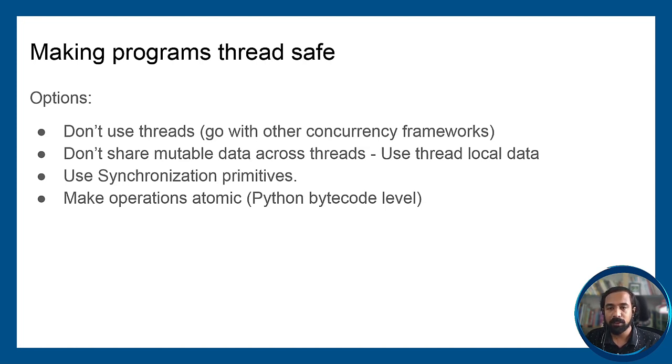We can use the concept of thread local data, in which case the data will be local to each thread and independent of other threads. Then another option is we can use synchronization primitives, which we will be visiting in the coming sections. Another option is to make operations atomic at the Python bytecode level so that they won't get context switched across threads.